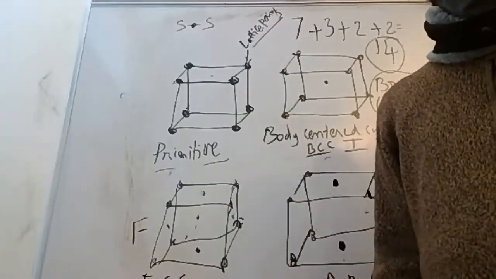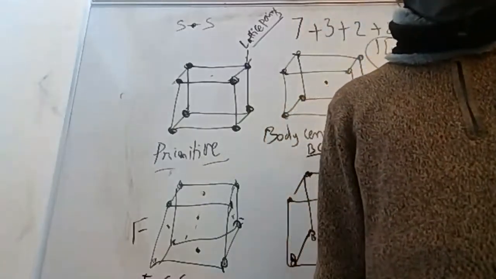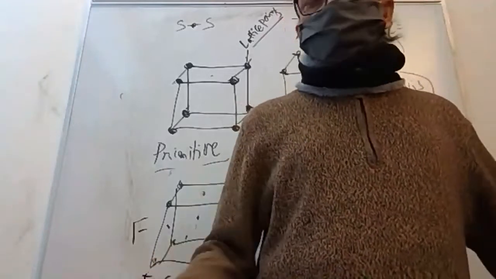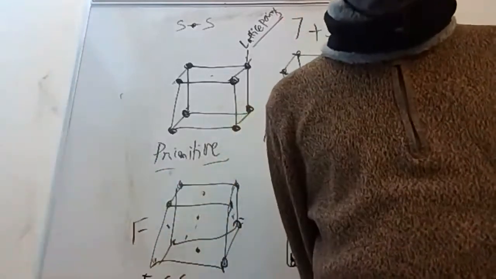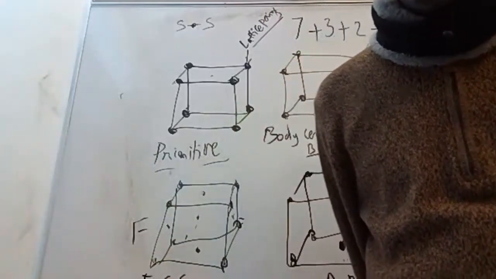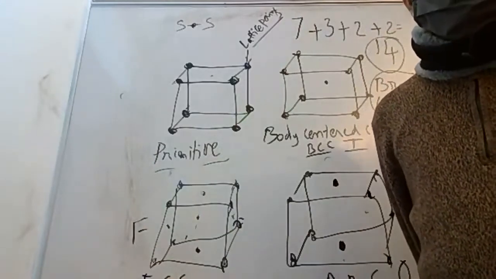And any solid, whether you talk about sodium chloride, sugar, quartz, emerald, rubies, all kinds of crystals you can ever think of, they must all belong to one of those 14 Bravais lattices. Am I clear here, folks?